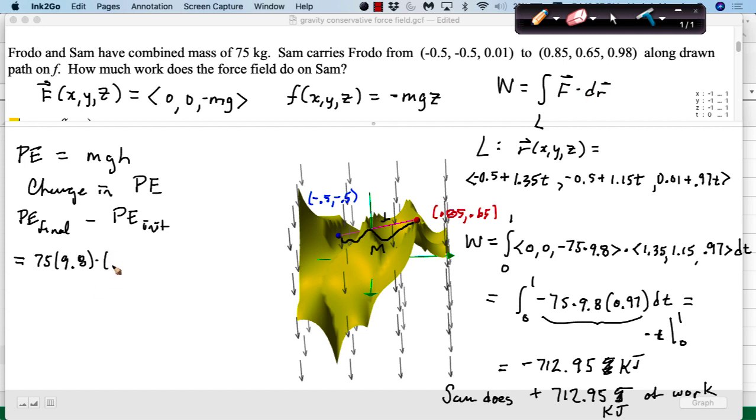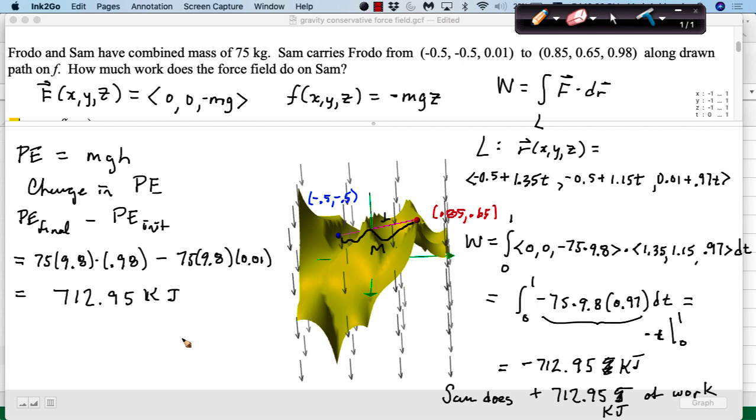And what's his initial potential energy? 75 times 9.8 times 0.01. And if you do that, you get 712.955 kilojoules. Change in potential energy.